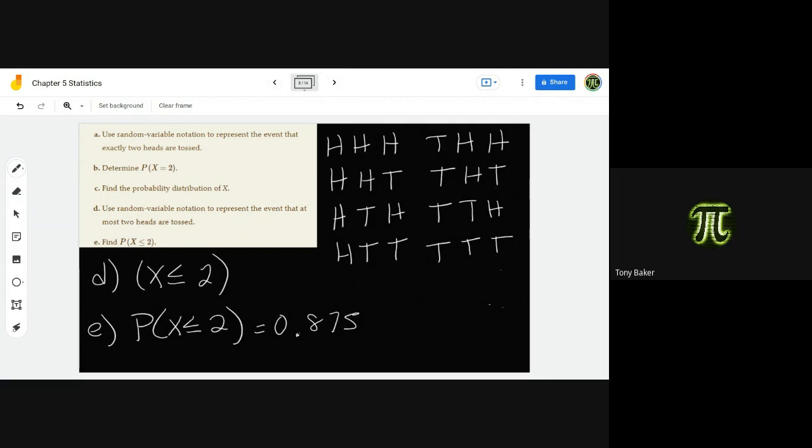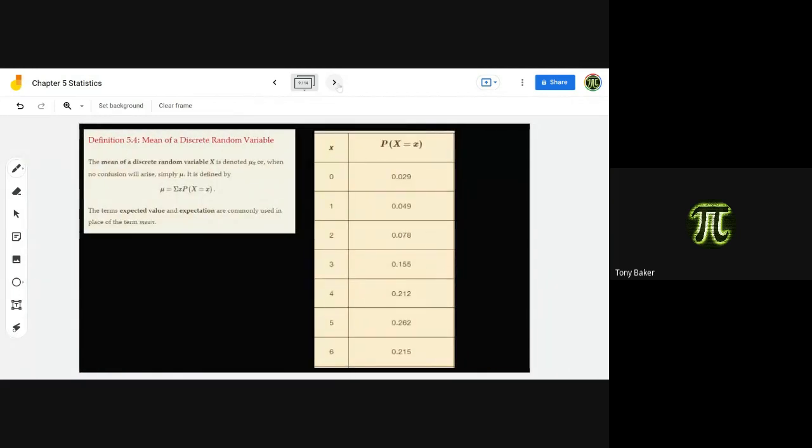I don't think this one is overly complicated. All right.